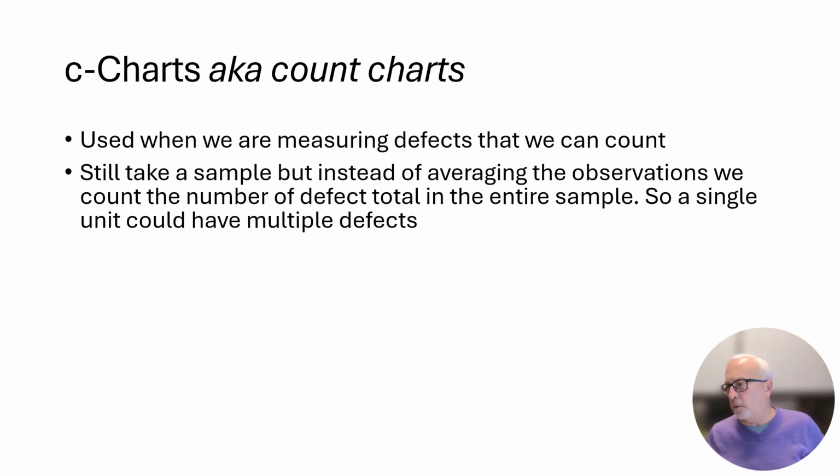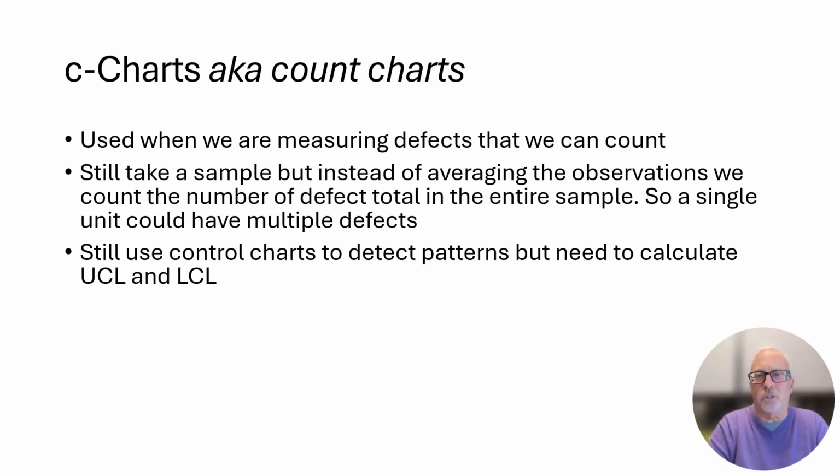The leg's a little too short. There's a scratch over on this leg. So there could be 17 defects in this single unit. Then we go to the next unit in our sample and count how many defects are in it. It's a very different kind of situation, but it certainly can happen. It's something we can use.